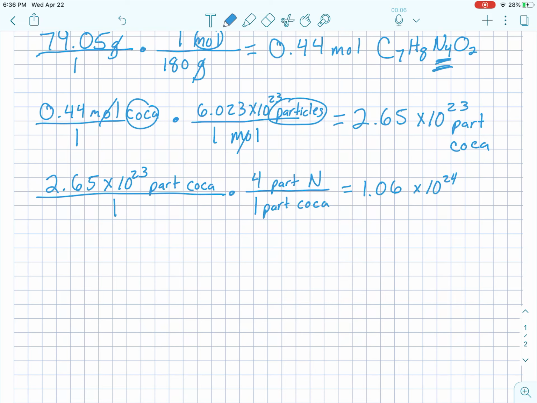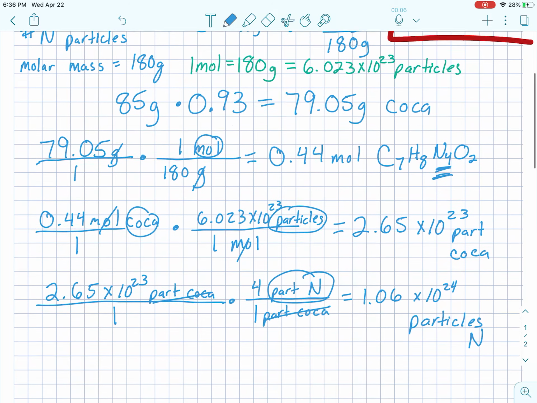If you did your units correctly, then that's going to cancel and that's going to cancel, and so we end up with particles of nitrogen. So in 1 candy bar, I have 1.06 times 10 to the 24th particles of nitrogen. That's how you go about solving this.